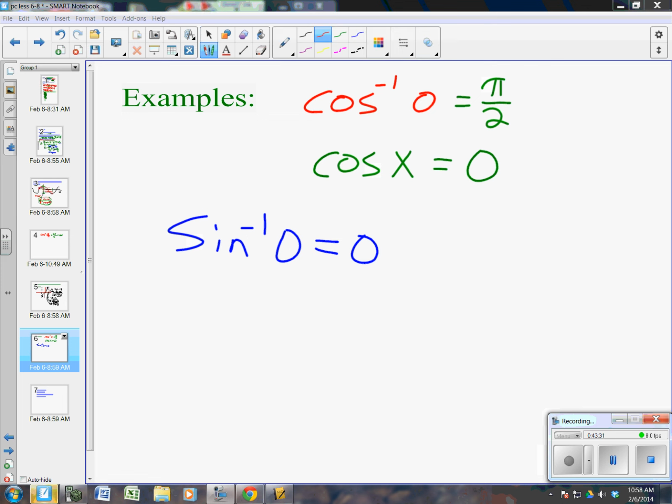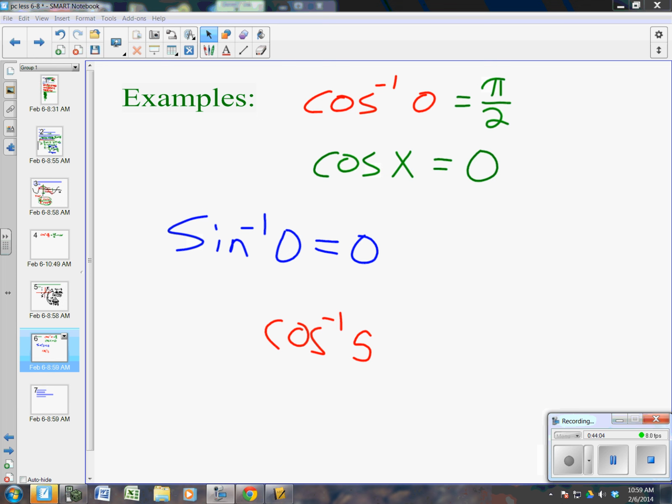Okay, next one. Cosine inverse of 5. Why can't I do it?